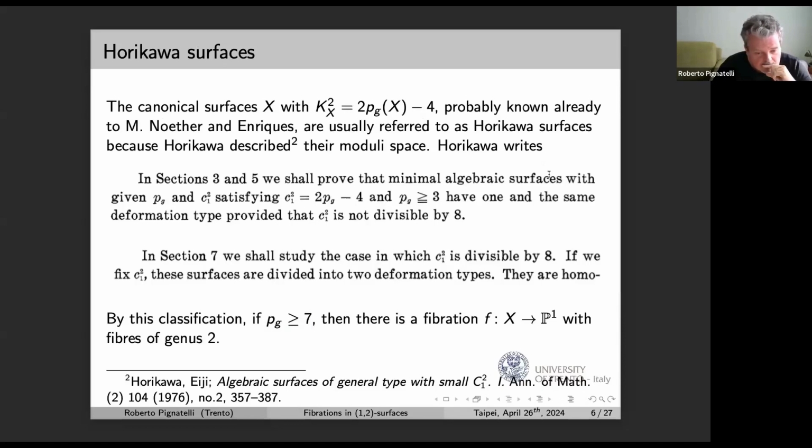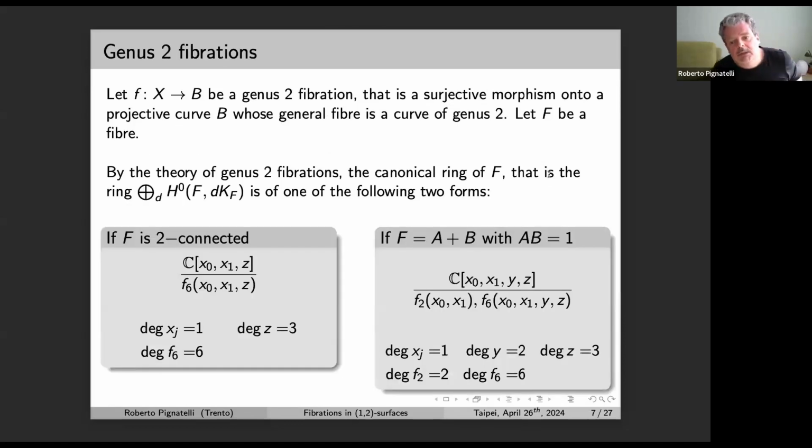But the way I met it was more than 20 years ago, when I was doing my PhD thesis, because this was about genus 2 fibrations. So let me tell you something very classical, I mean, very old, on how we study fibrations of surfaces by curves of genus 2.